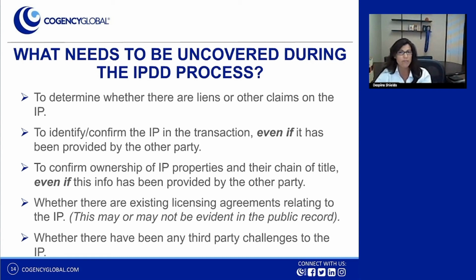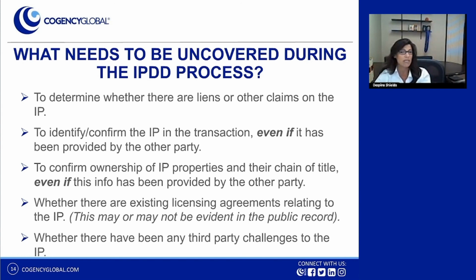Usually a list of IP is provided saying this is what we have the rights to, and now it's up to you to confirm that that in fact is correct and that everything is in line as it has been provided. You're looking to confirm the ownership of the IP properties and their chain of title, even if it's already been provided by the other party.